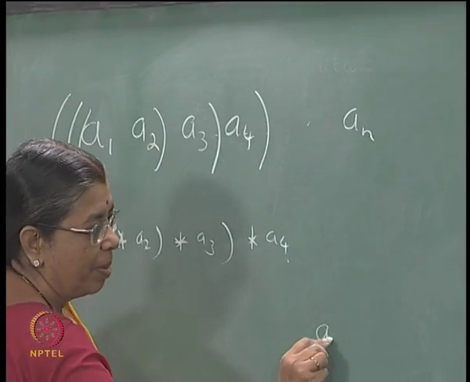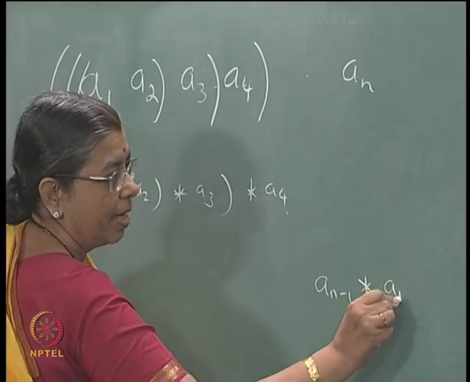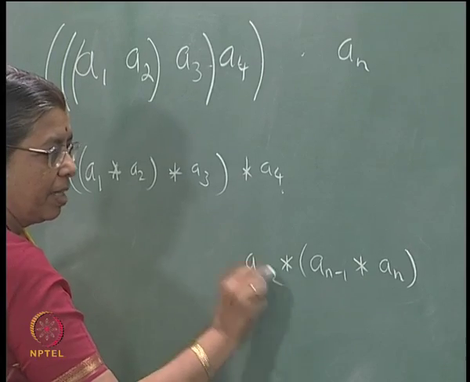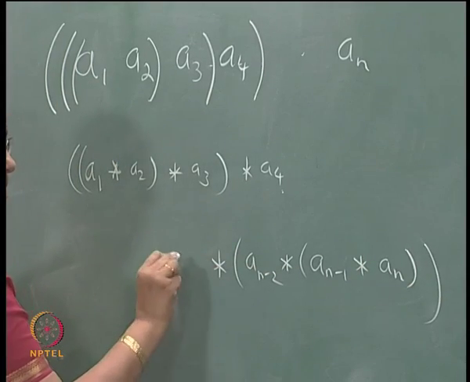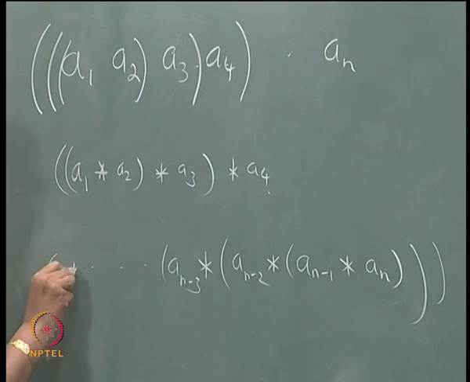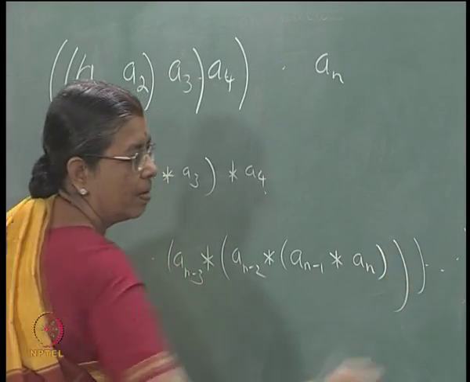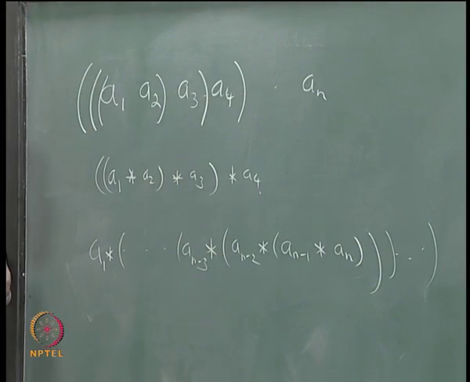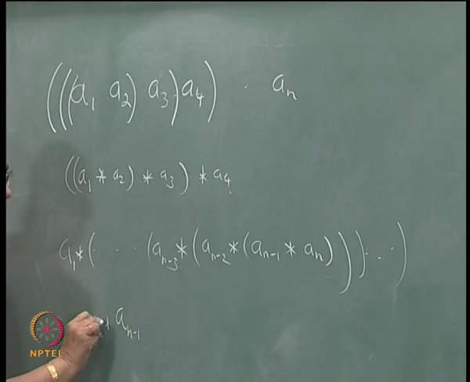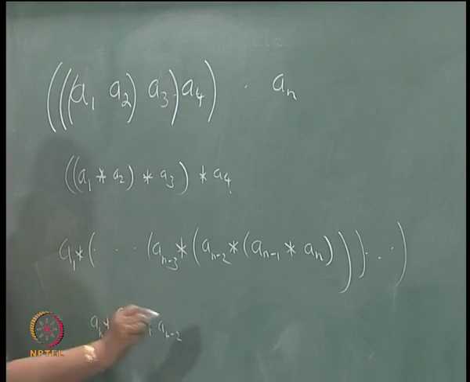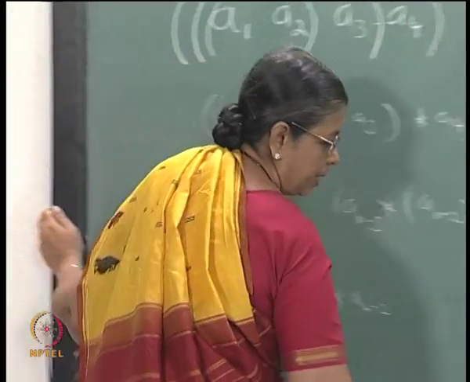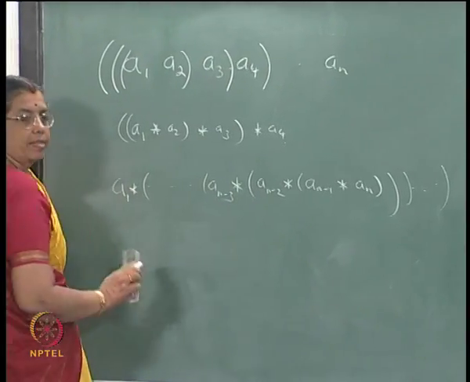The right evaluation will be: AN minus 1 star AN is calculated first, then AN minus 2 star that, then AN minus 3 and so on, until you get A1 star the rest. The usual mistake people make is to consider AN star AN minus 1, then AN minus 2, and that is not correct. Given this problem, many make this mistake. Right evaluation means this, right.